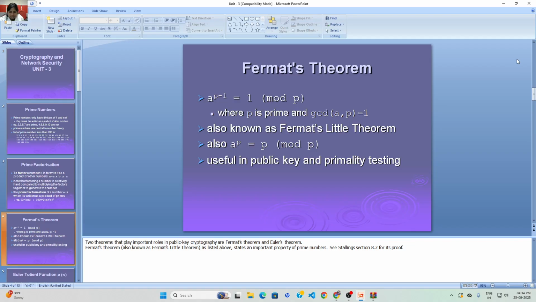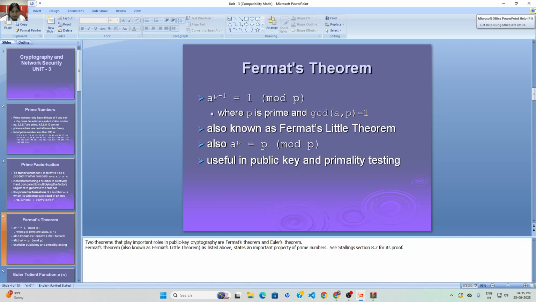Here we see an abstract view of Fermat's theorem: a to the power p minus 1 is congruent to 1 mod p, where p is a prime number and a and p are relatively prime, so the greatest common divisor is 1. Another form is a to the power p is congruent to a mod p.